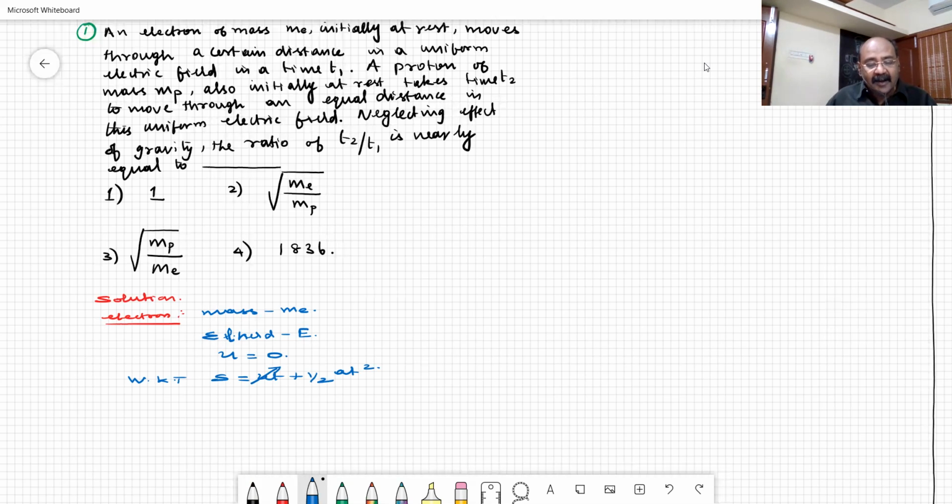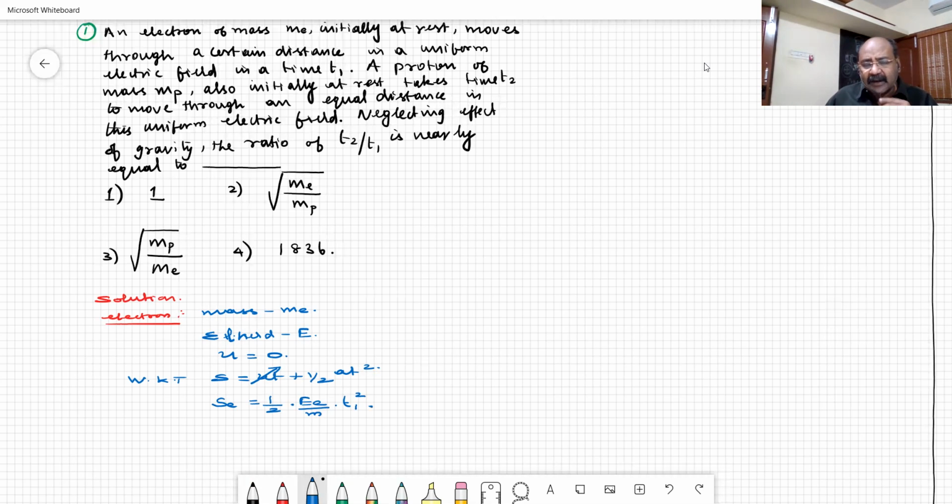The displacement made, let us consider it as S for the electron, is equal to half into acceleration, which is nothing but E into e divided by m, into the time taken, T1 square.